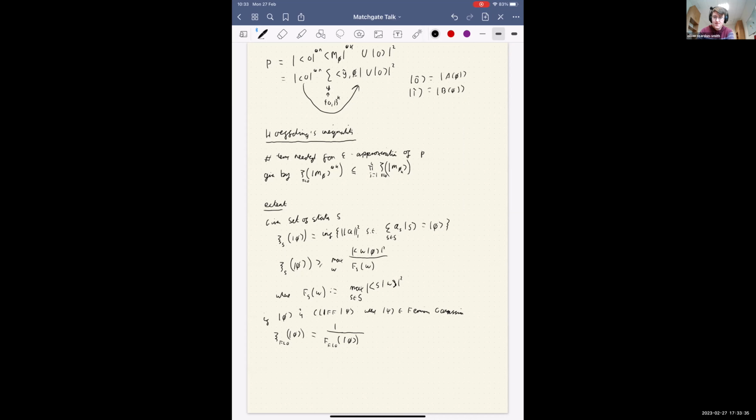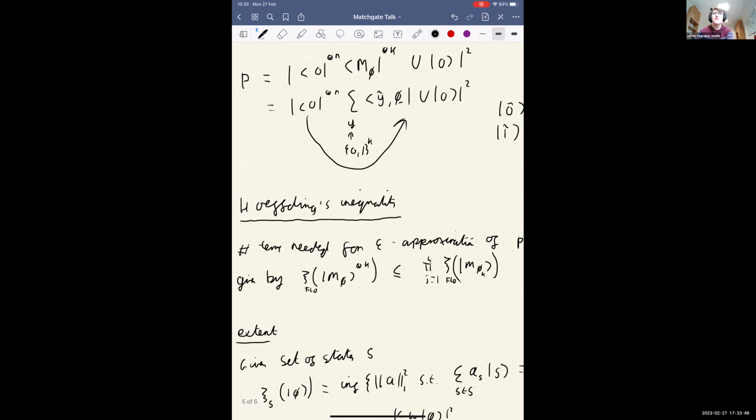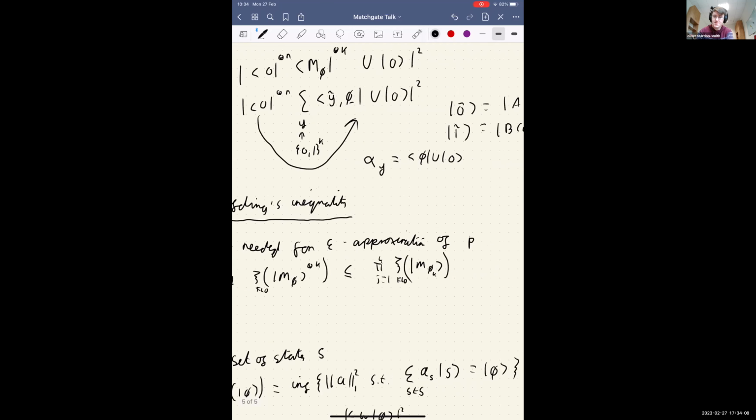Okay, so I will talk in the very last 10 or 15 minutes about something which I didn't say before. If you look at this equation here where I'm trying to compute P, you have to compute a whole bunch of numbers that look like alpha_y, let's say, phi, U, 0, where phi is an FLO state and this U is an FLO unitary, right?